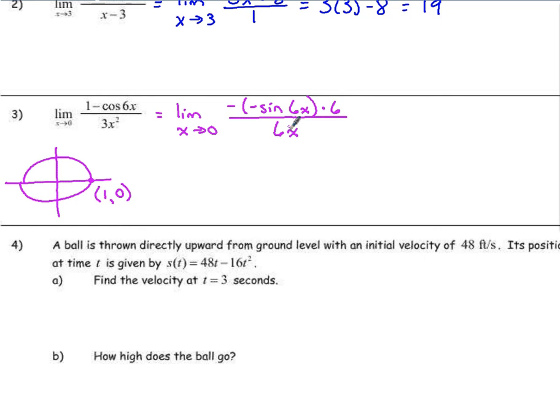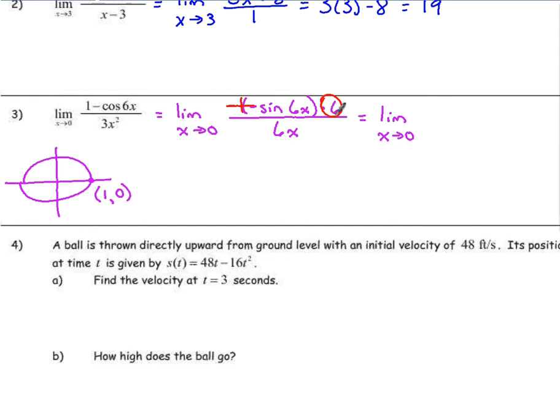So as we apply L'Hopital's rule again, we take the derivative of the numerator again. Now, let's clean this up a little bit. We know these two negatives would cancel to make that positive. This 6 is being multiplied onto the trig function, so that can just come along for the ride. As I continue to apply the limit here, I have the limit as x approaches 0.